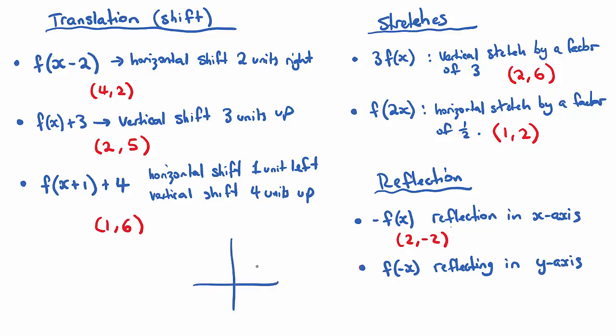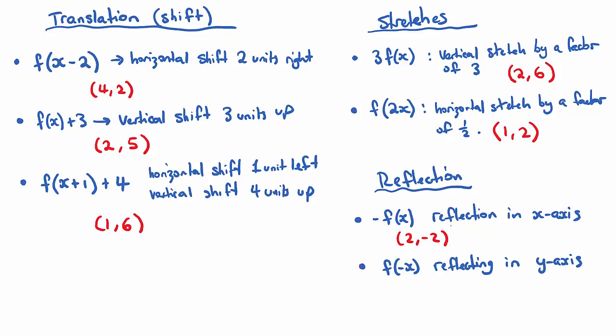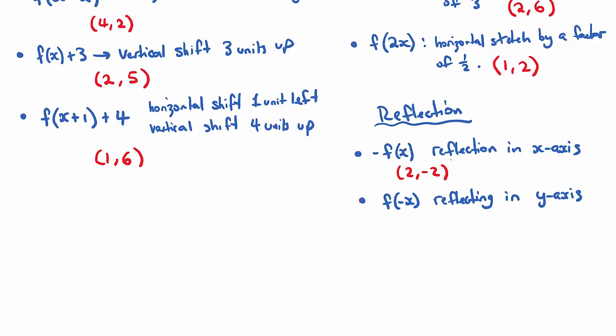So if I had a function that looked like this, it'll now go to like this. All of the y values will be the same, but all of the x values changed because we changed inside the bracket. And our point, the x value will turn from +2 to -2, and the y value wasn't changed.